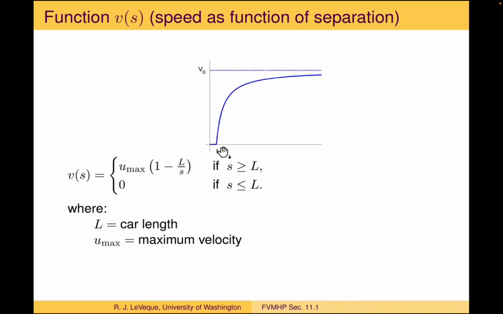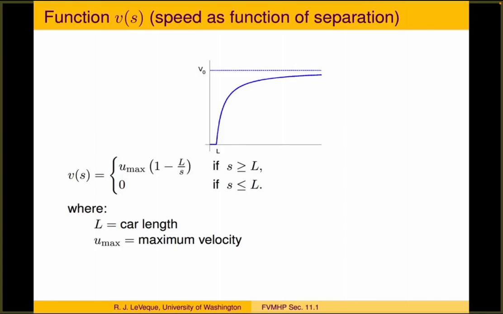But as the distance between cars increases, the velocity increases, but then it asymptotes to some value v0. Oh, sorry, that's the same as u max, which is the maximum velocity you would like to go at if there's no cars in front of you, which might be the speed limit or whatever your desired maximum velocity is.